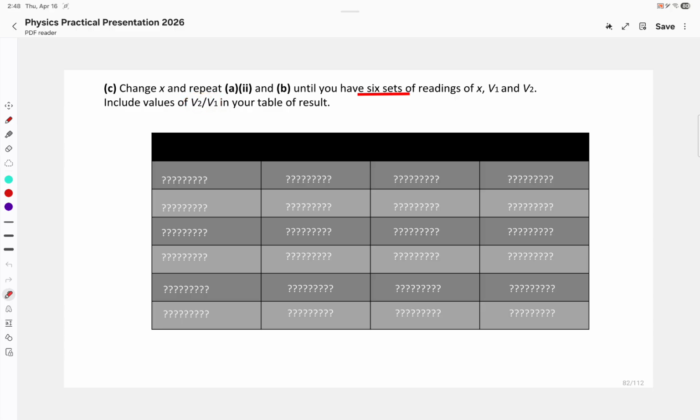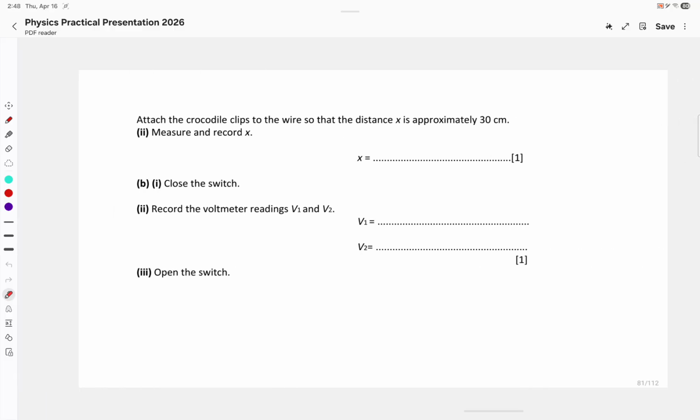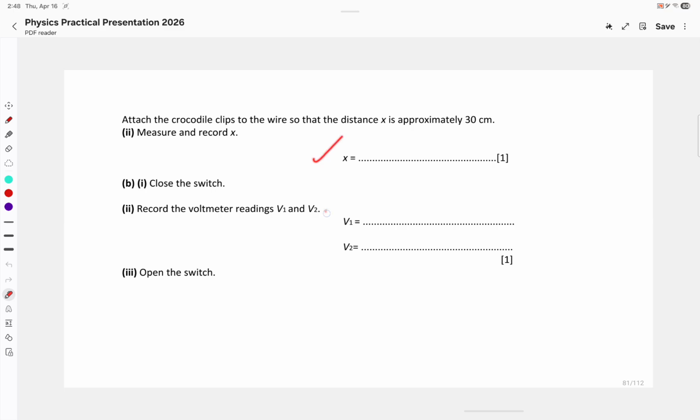So how are you going to make the rows and columns? Step number 1, do not enter constant values in the table. Step number 2, follow the sequence of the question paper. In this particular question, according to the sequence, first you measure x, then V1, and then V2. So follow the sequence, right?